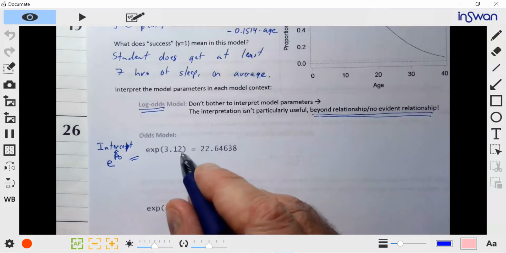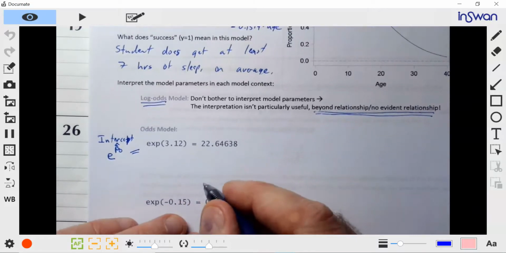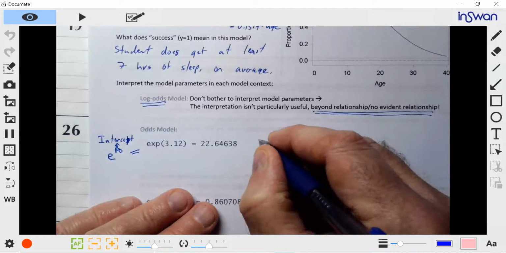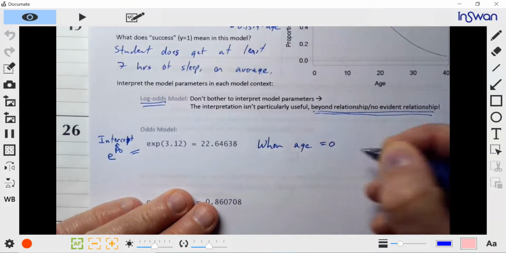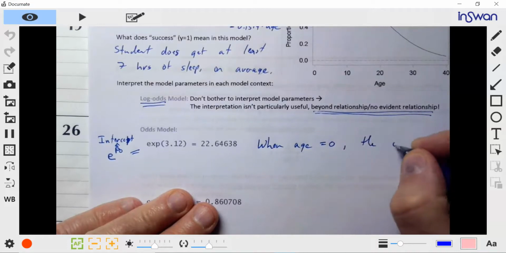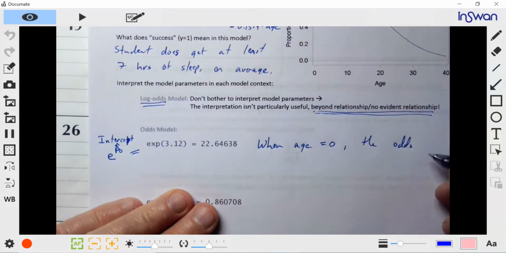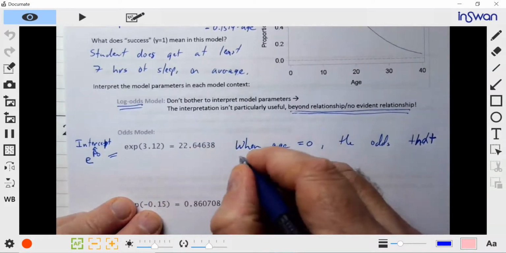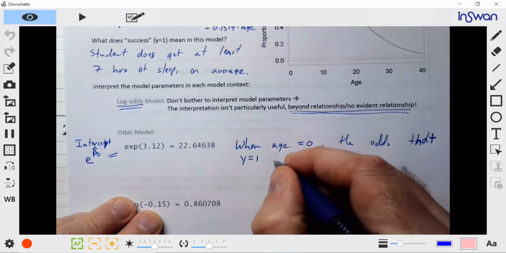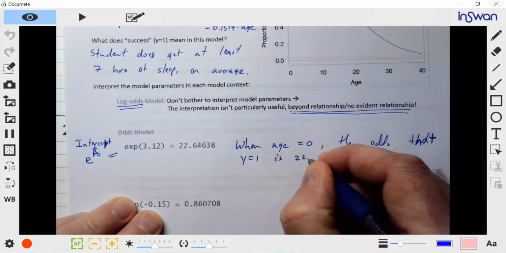So the interpretation on the odds model scale is to say, we could say when age equals 0, the odds that y equals 1 is 22.65.